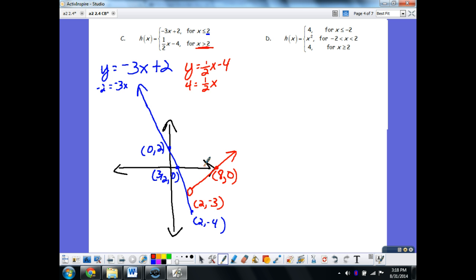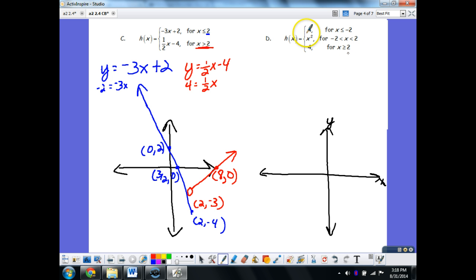Now for D, once again, we have the x and the y axis. And we have 3 different pieces, something to the left of negative 2, between negative 2 and 2, and to the right of 2.